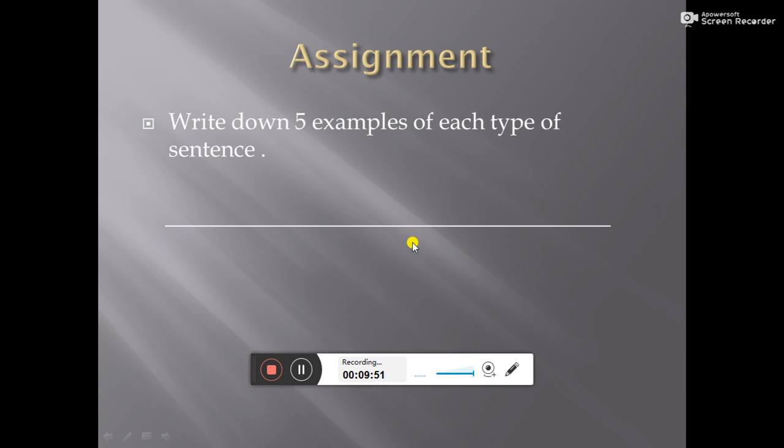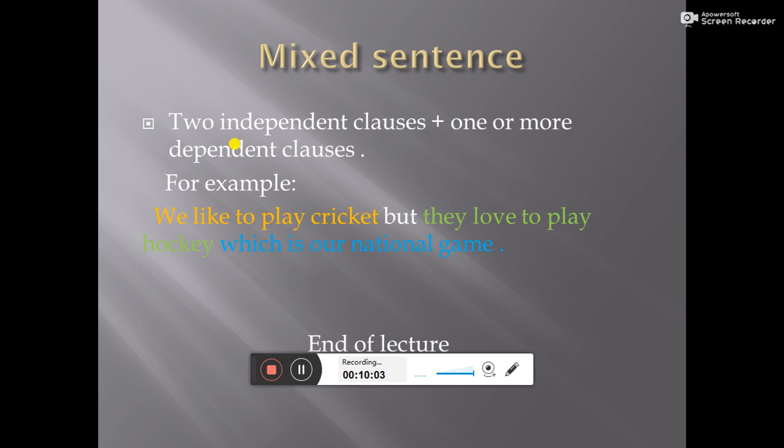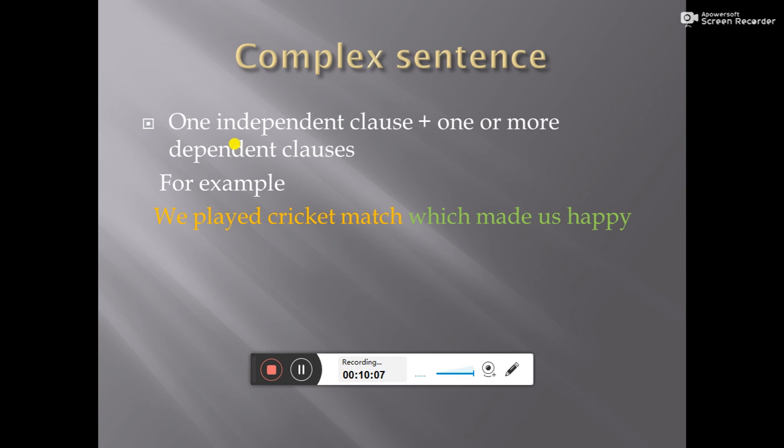If you have any queries, you can ask me. The assignment for this topic and for today is that you have to write 5 examples of each type: 5 examples of mixed sentences and 5 examples of complex sentences.